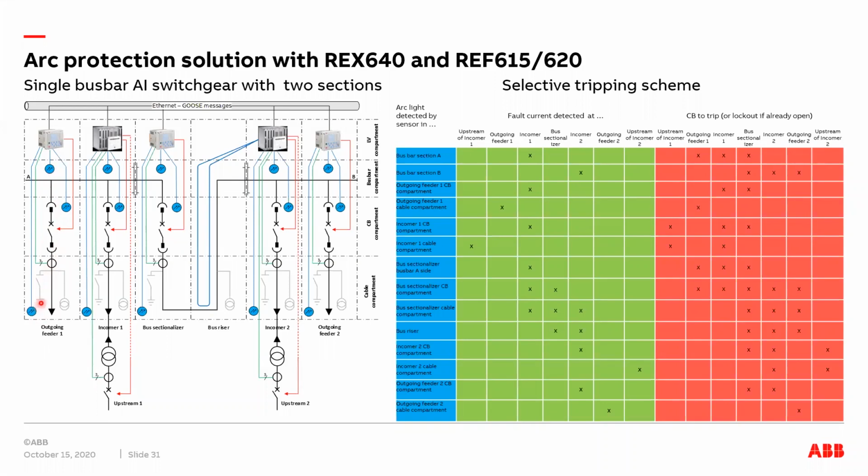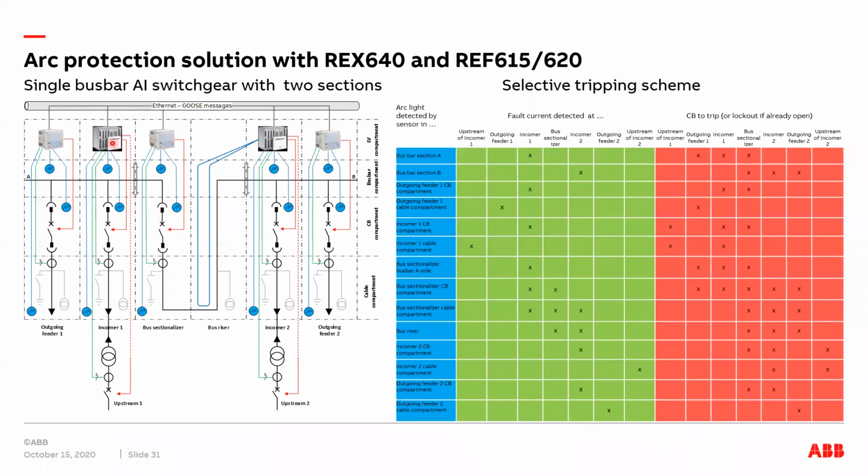And then if the fault happens, for example here in the circuit breaker compartment, this relay detects it and sends the signal via GOOSE to other relays, and commands them also to trip the tie breaker or bus sectional breaker.